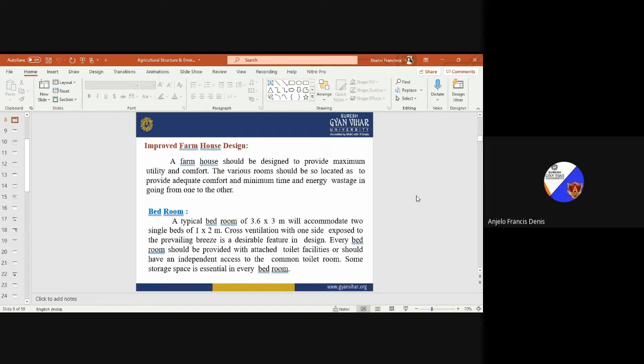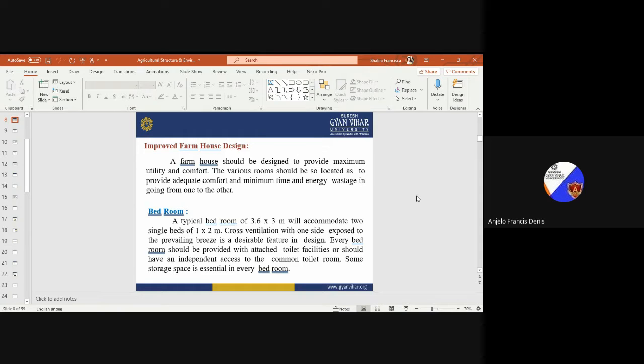This is because the people who are going to stay in that bedroom very commonly have their own personal belongings, which have to be stored, so proper space for keeping all those items should be provided in each and every bedroom. Additionally, there should be proper arrangement of ventilation and cross ventilation.